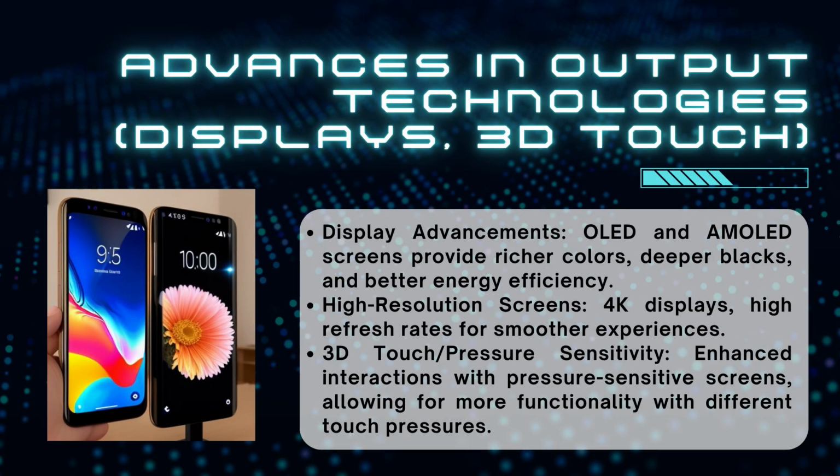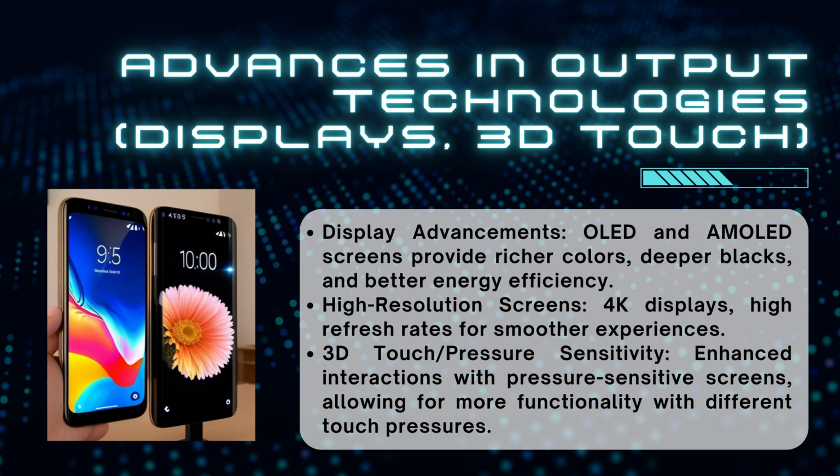Let's talk about the advances in output technologies, especially mobile screens. From the basic monochrome displays, we moved to full-color screens and then to OLED and AMOLED technology. These screens provide richer colors, deeper blacks, and high contrast ratios.